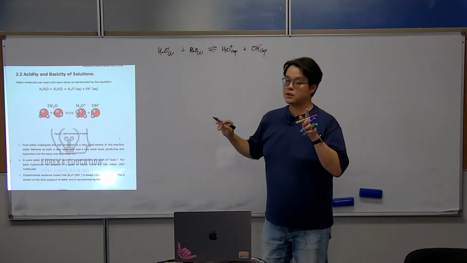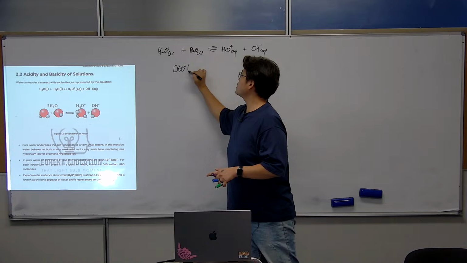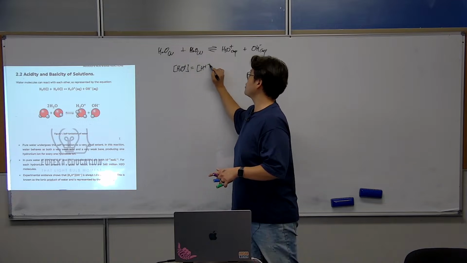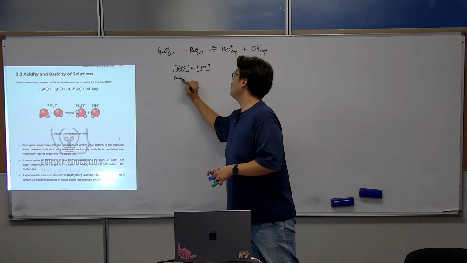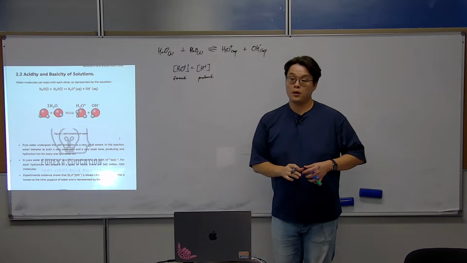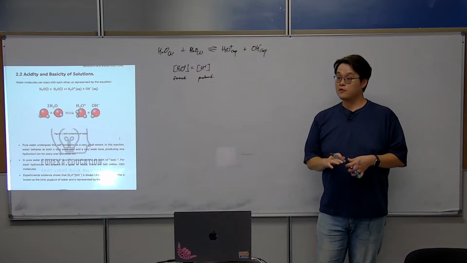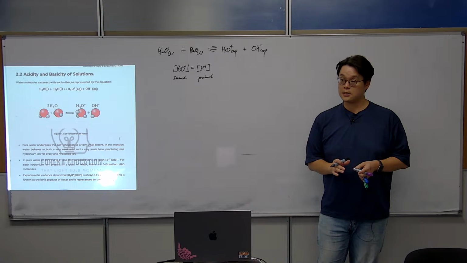One thing you also need to remember is that H3O+ is the same amount as the hydrogen ion released too. So we take the same concentration of hydrogen ion as hydronium ion in this case.